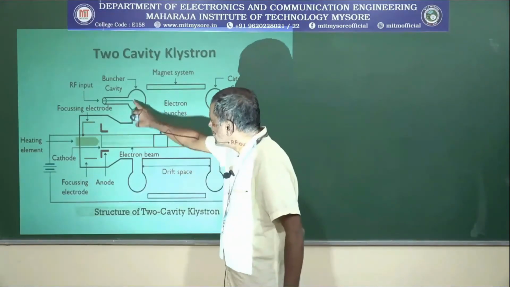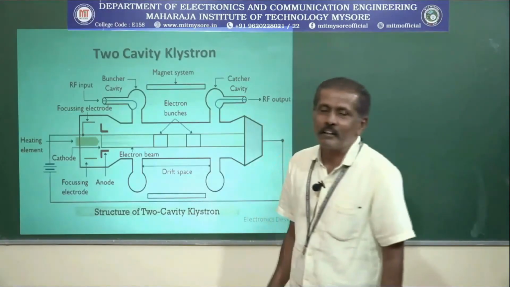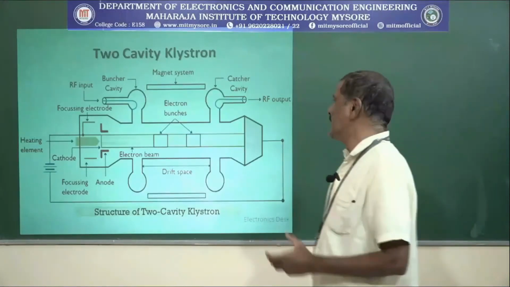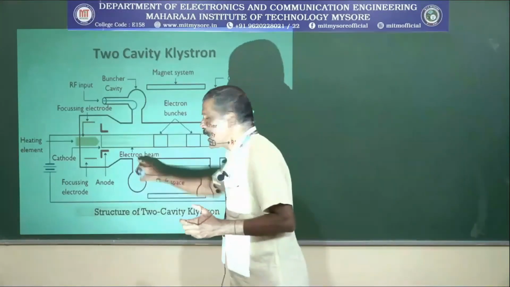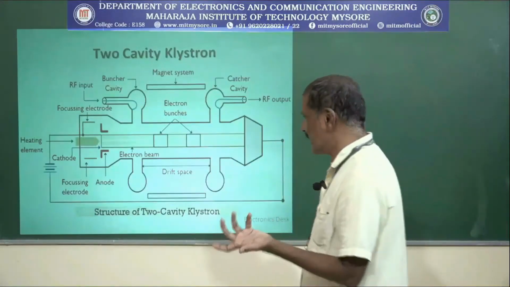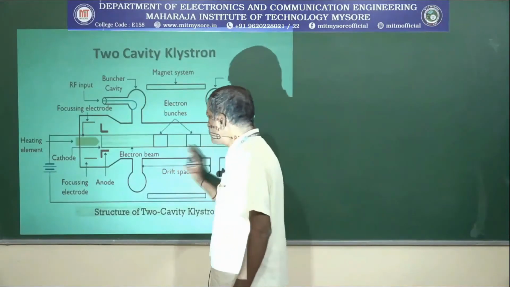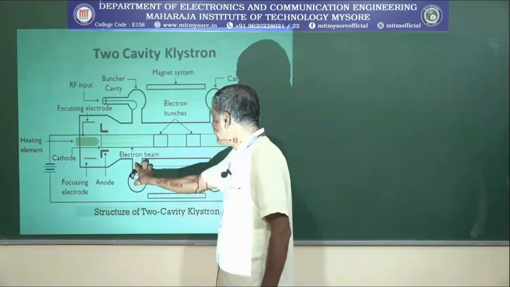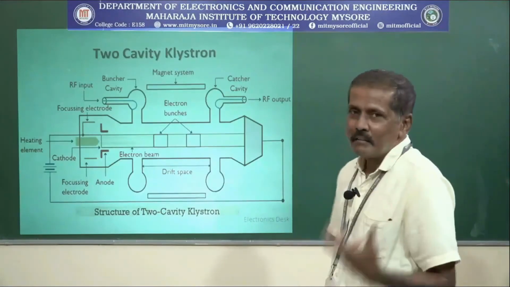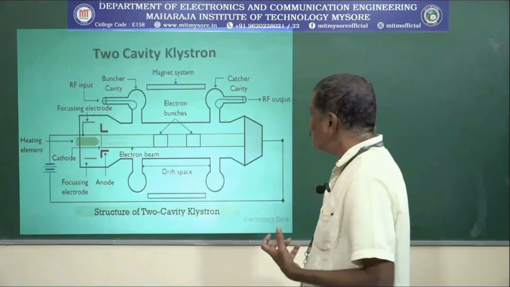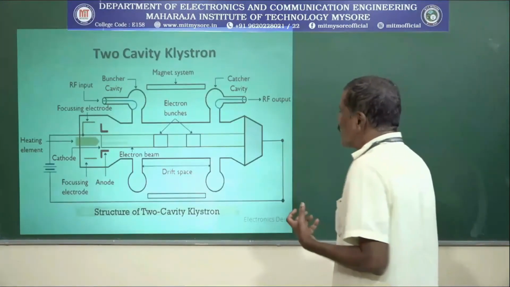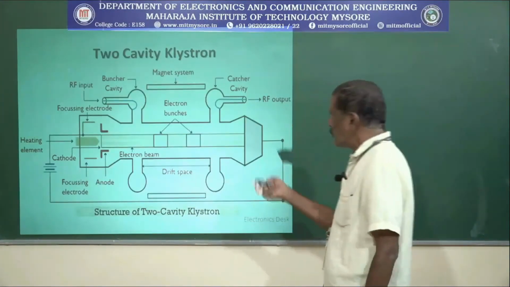But in the cavity gap the electrons do not move with uniform velocity, because depending upon whether the potential in the gap is positive, negative or neutral, their velocity changes. But when they come out of the cavity gap into the drift space, all the electrons move with equal velocity. This is how the two-cavity klystron device can be used for amplification.